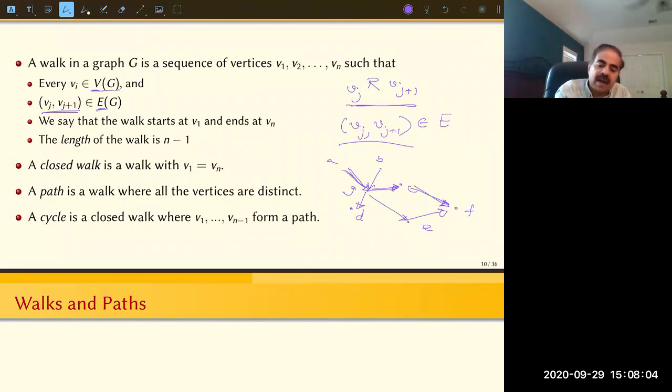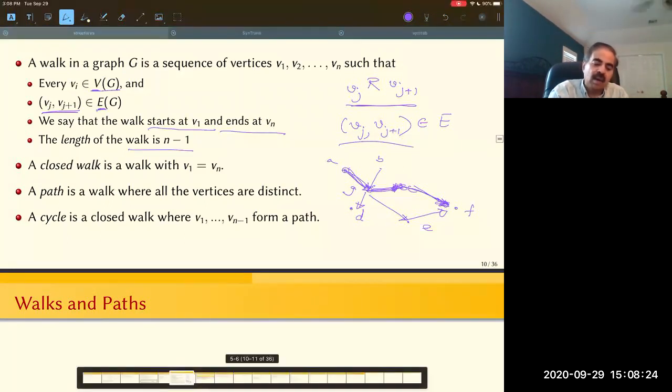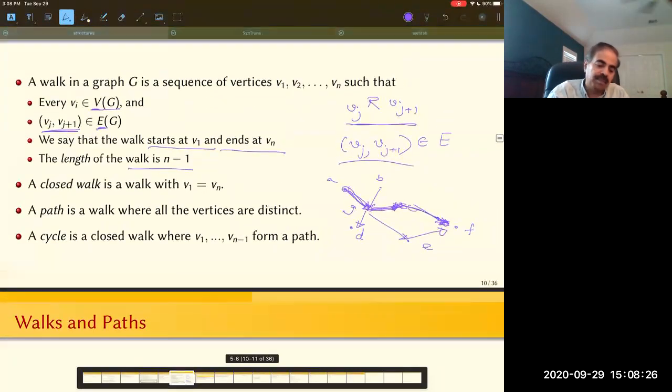So here is a walk that has 3 edges, right? And a walk with 3 edges will traverse 1, 2, 3, 4 vertices, right? So a walk starting at V1 and ending at Vn will have a length of n minus 1, okay?